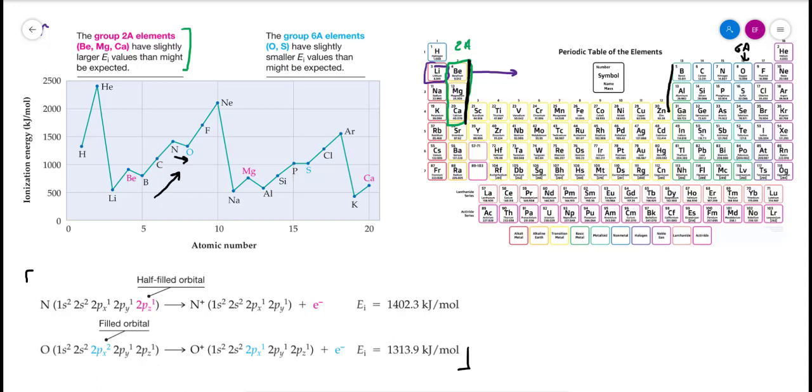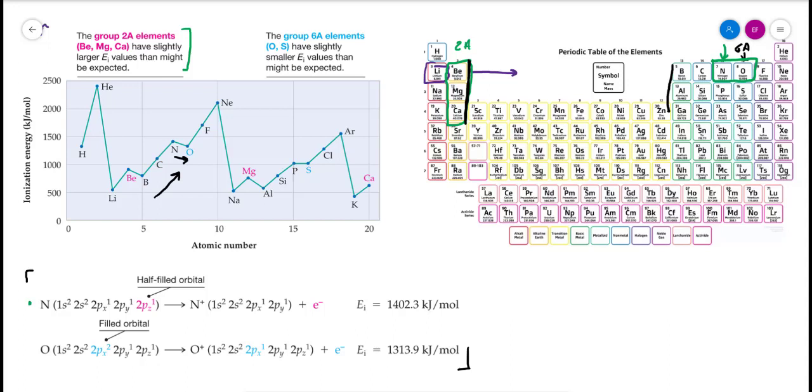Nitrogen is the one that's following the typical trend here, so I'll highlight this in a different color. We're comparing these two elements. For nitrogen, we've got 1s2, 2s2, and then 2p3, meaning we've got one electron in each of the 2px, 2py, and 2pz orbitals.